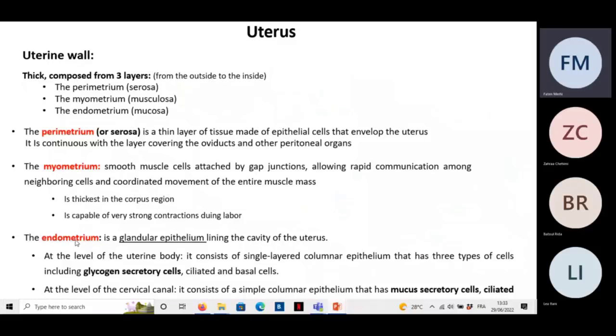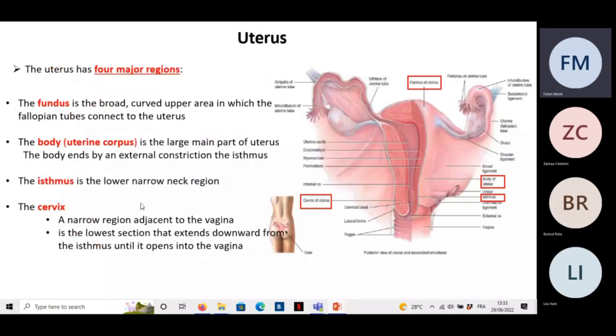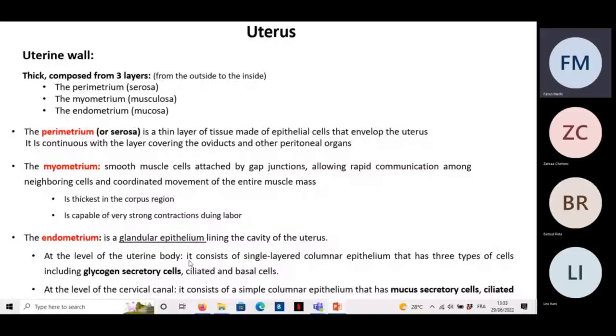So here is the cavity, internal, and it is also a stratified and glandular epithelium. It secretes glycogen. It contains glycogen cells, and it is pseudostratified, with columnar epithelial cells and basal cells, and the columnar epithelial cells of this endometrium are ciliated. So here also we have ciliated cells.